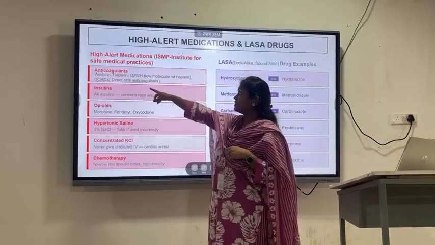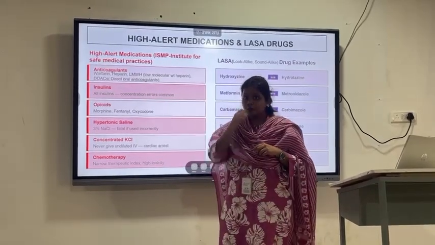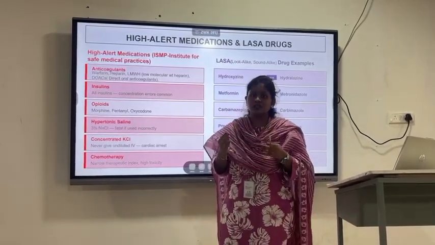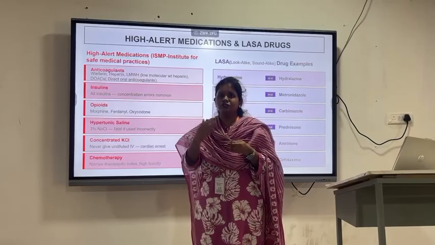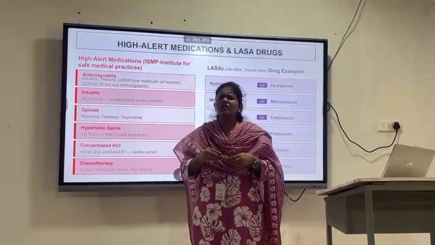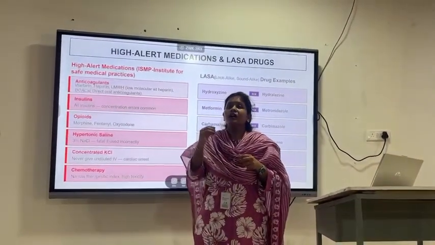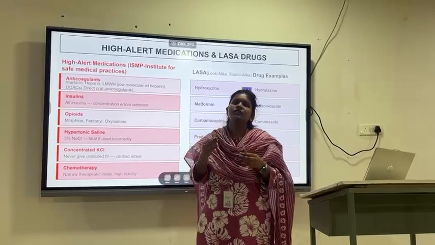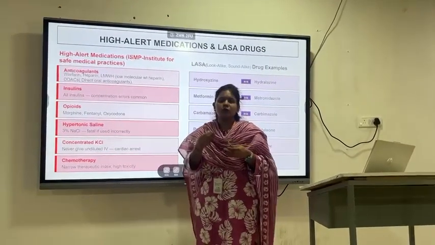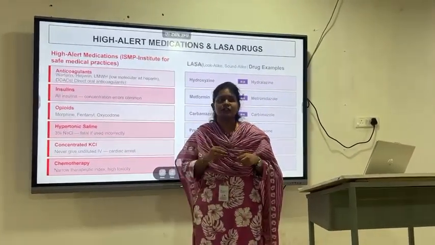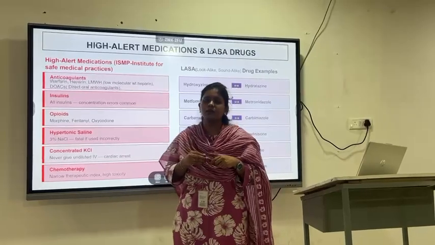Anticoagulants like warfarin and heparin should not be given when the patient is having surgery or any injuries or wounds, because it leads to overbleeding during surgeries or bleeding time.